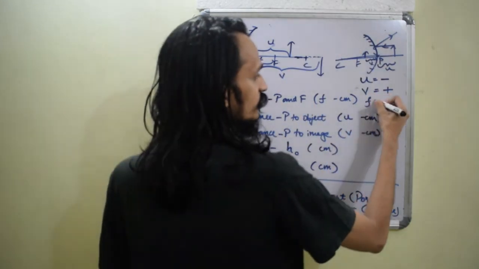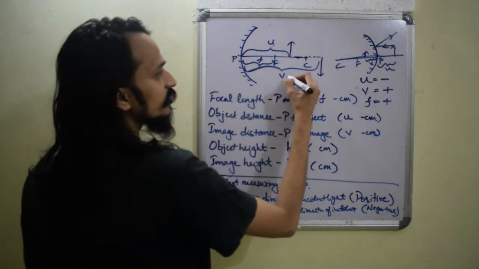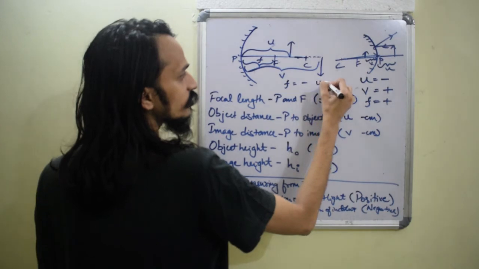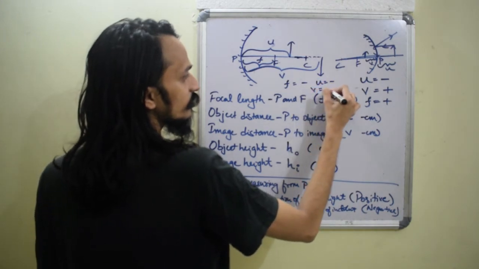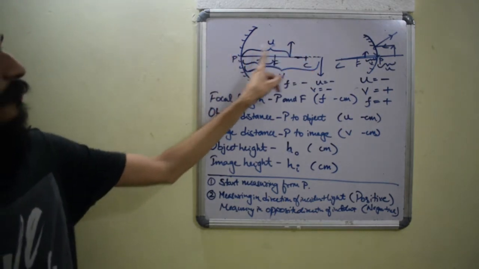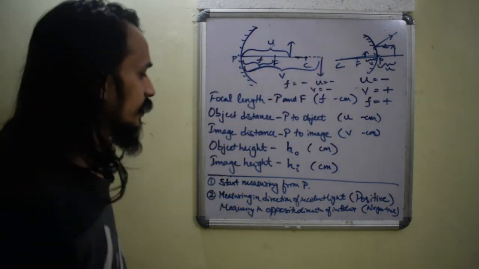So even F is going to be positive over here. But in the other case you will see that F is also negative, U is also negative, V is also negative, because all of them are in the opposite direction of incident light. I hope that is clear.